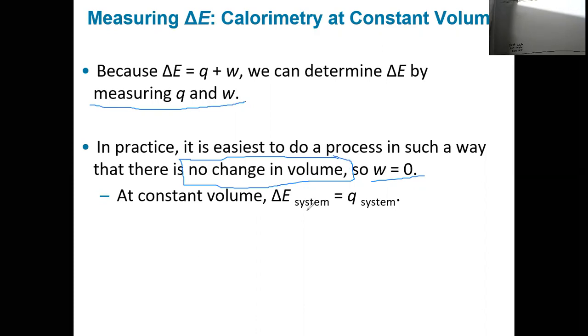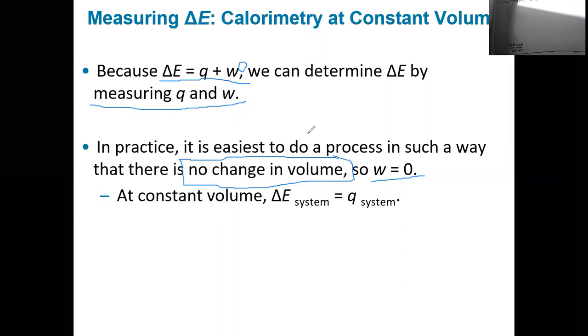So if we did that, then our formula up here, delta E equals Q plus W. If we held the volume constant and work is 0, then we can relate delta E of our system directly to the heat of our system, right?